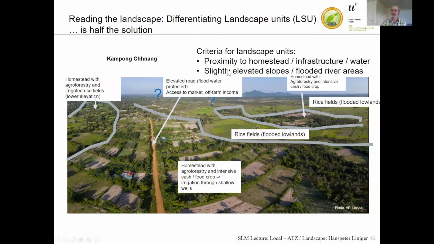So the criteria here is proximity to homestead, infrastructure, water, slightly elevated slopes, or flooded river areas. That makes a difference. So every landscape in which I'm working, wherever we go, I'm differentiating into landscape units when we are searching for problems or solutions.